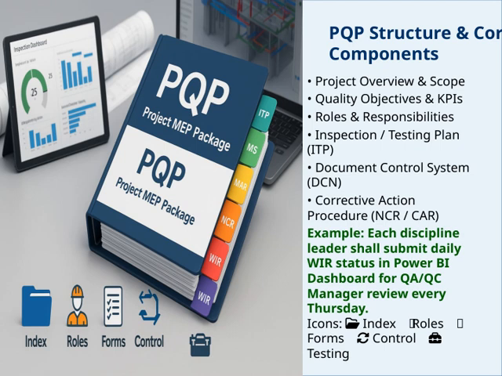For example, we have a process where each discipline leader submits a daily work inspection request status in the Power BI dashboard for the QA/QC manager to review every Thursday. These components together create a comprehensive framework that supports quality management from start to finish, helping us stay on track and deliver a successful project.